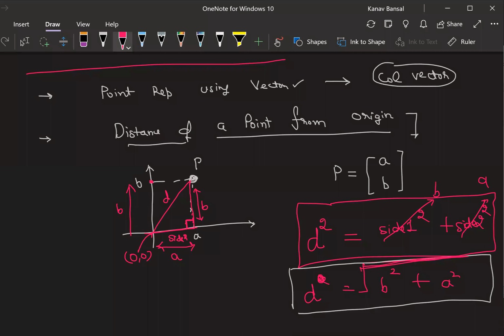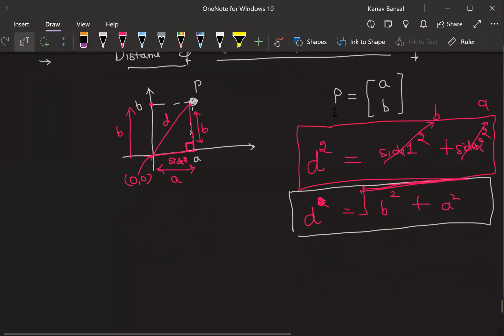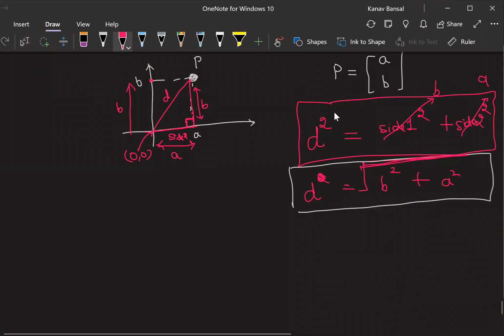Now let me show you some magic. So this is a two-dimensional thing, right? What if I have a point in a three-dimensional plane, which looks like this, A, B, C. Can you compute the distance of this point from the origin?